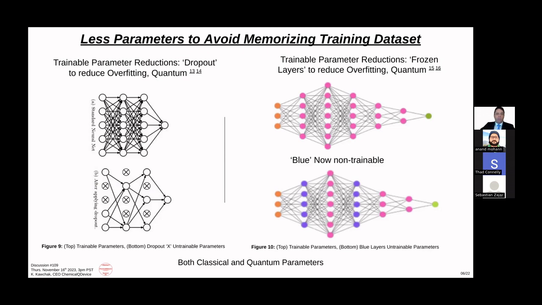And we want a generalized curve, y equals mx plus b. This is for quantum or classical, throughout. So when you introduce new data, it's not seeing this overfit pattern. It's seeing some general curve that best applies to the model in order to get the best accuracy for your validation set. So that's dropout.